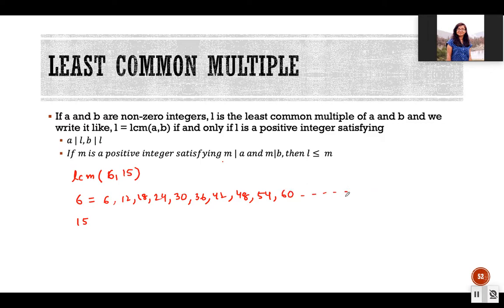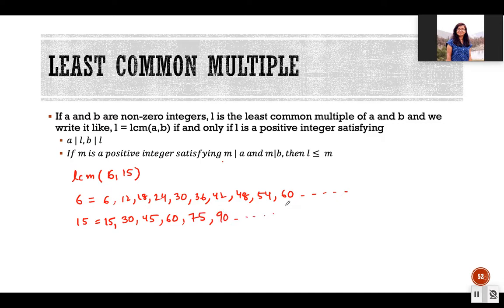There could be many more, but I'm going to stop here and find the multiples of 15: 15, 30, 45, 60, 75, and 90.